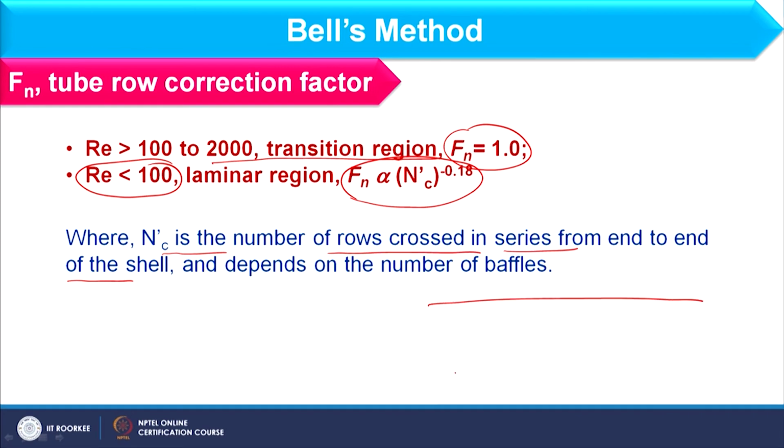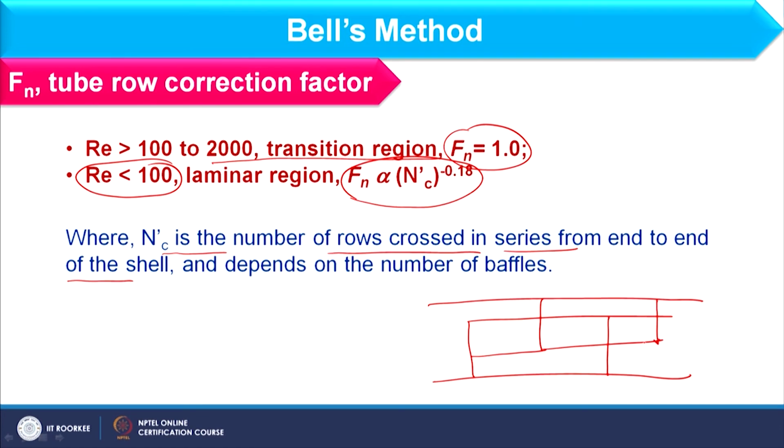Like if you are having the shell, and here I am having the baffles like this, between baffle tips here I am having NCV. So, NC dash will be NCV into number of these gaps, that will be number of baffle plus 1. In that way we can find out NC dash, and you can find out Fn for laminar zone.